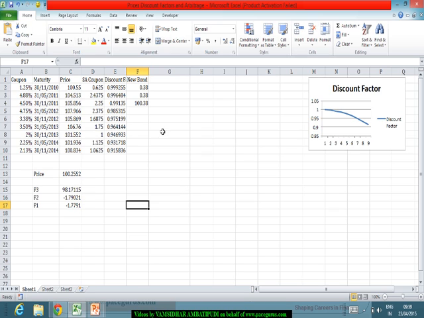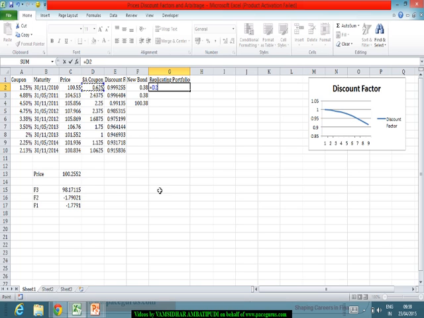Now let's see whether it is replicating or not. If we see the replicating portfolio, I want to replicate the portfolio's cash flows. This particular one will pay a coupon of 0.625 on this day.